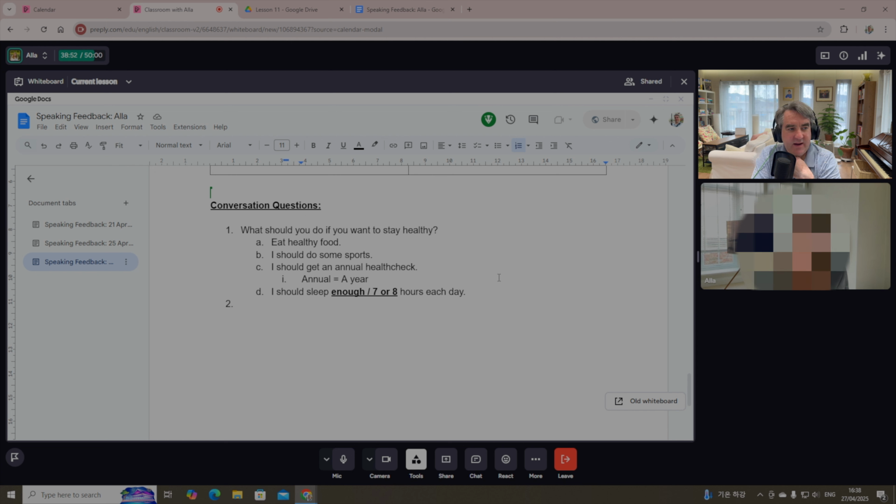For me, I get a health check every year, and they say the same things: don't drink too much, don't eat too much fried food or greasy food, your blood pressure is too high, and so on. It is what it is.